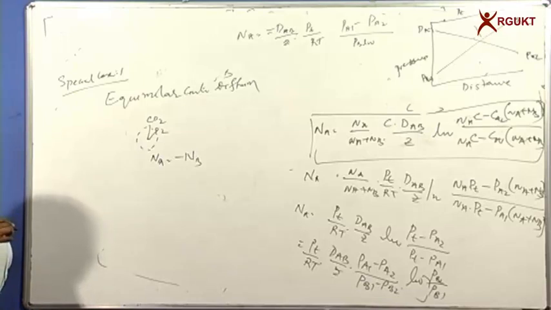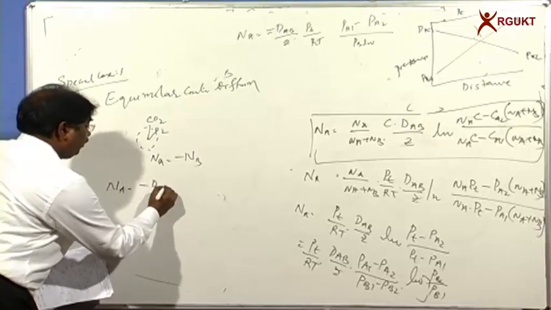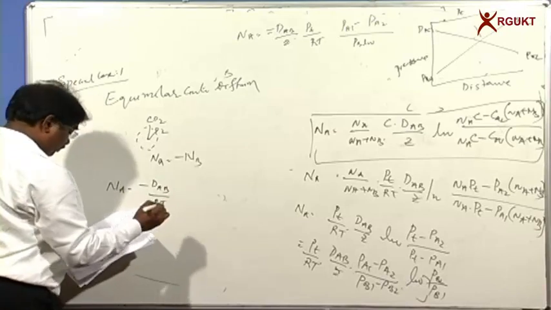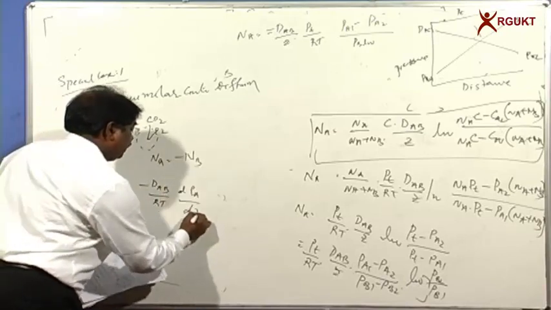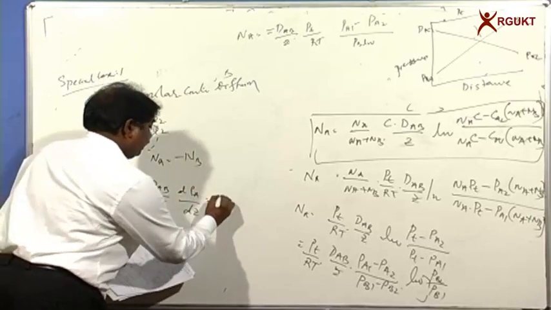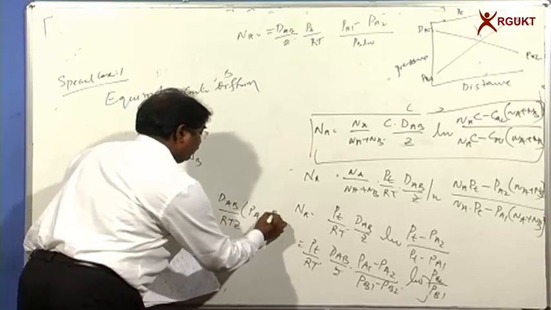If it is going to become the equimolar counter-diffusion, then your Na is equal to simply minus DAB by RT into dPA by dZ, and that is equal to DAB by RTZ into PA1 minus PA2.